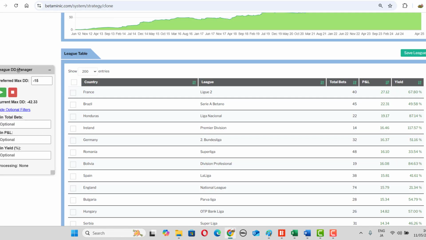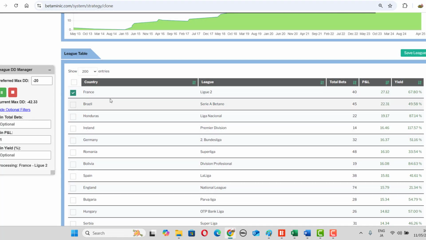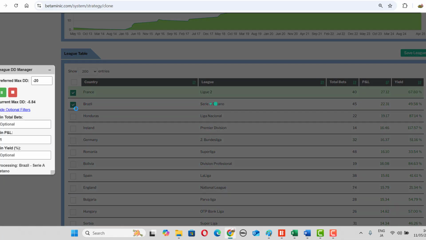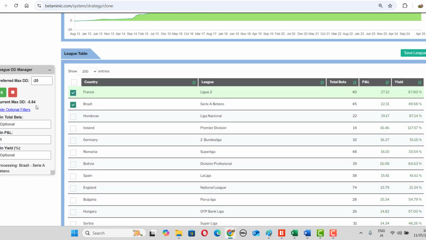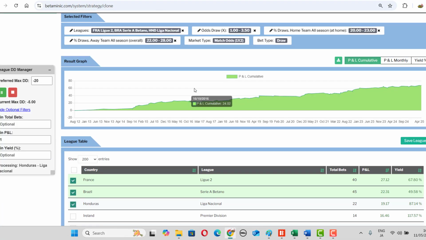What this extension does, that's written by this guy, is that you can set the maximum drawdown you want, like I want 20, and I want a minimum profit and loss of 1, and you can just press play and it will automatically do it for you. It'll try one, check what the drawdown is, and then move on to the next league automatically.